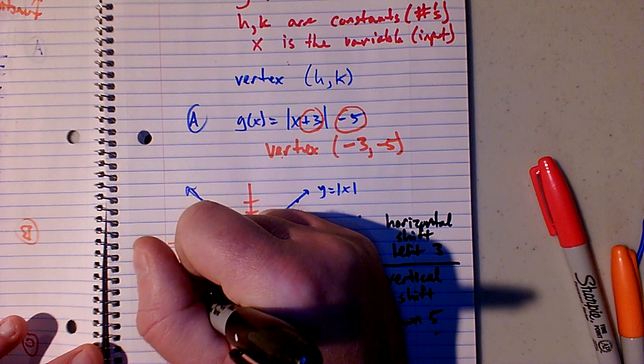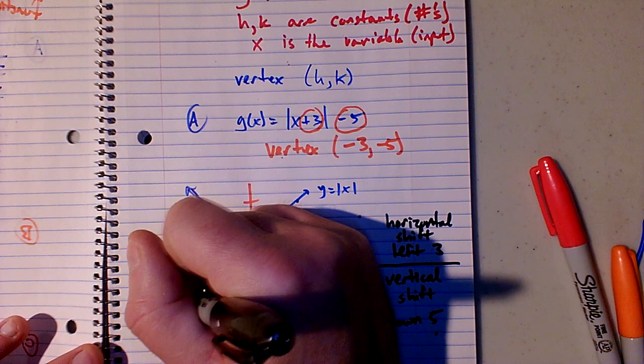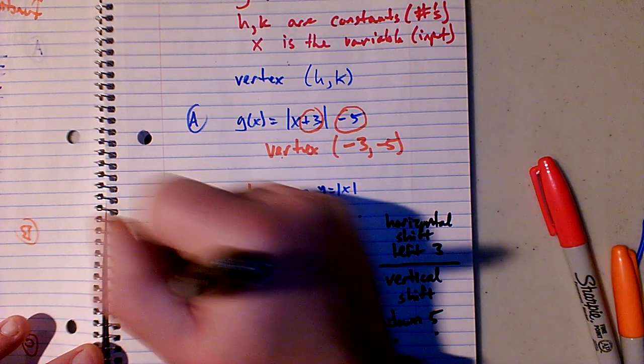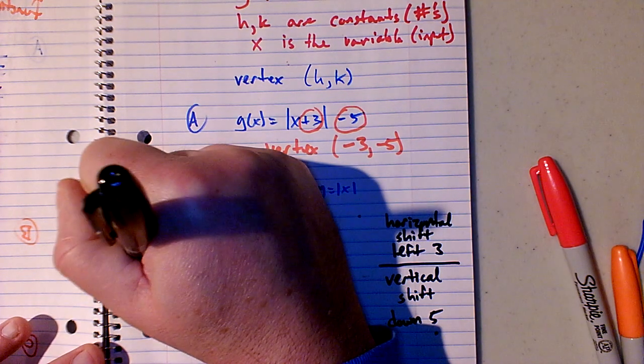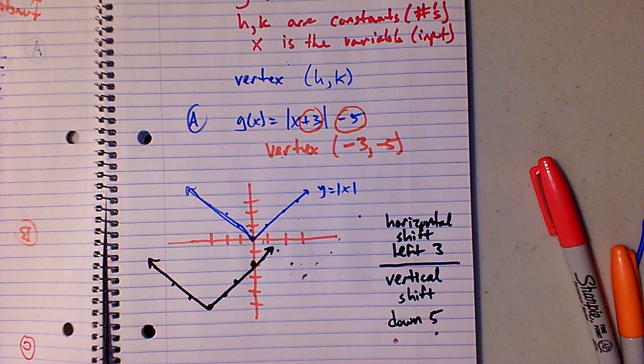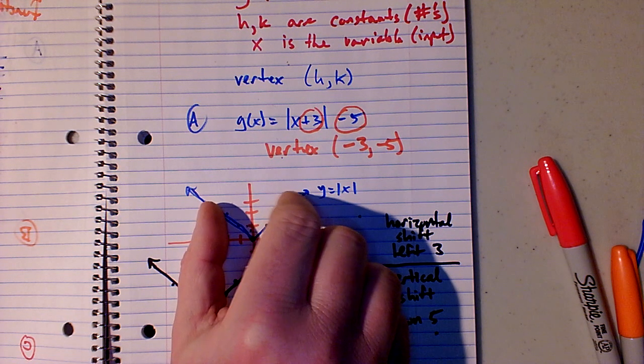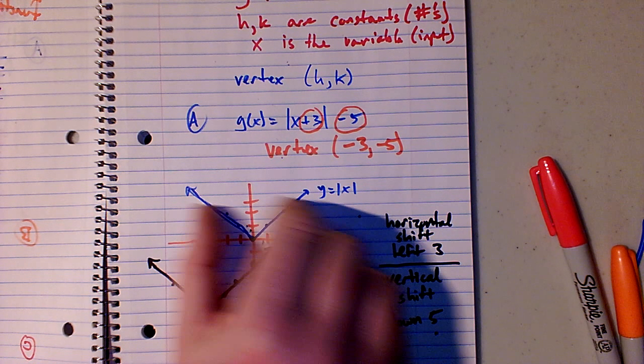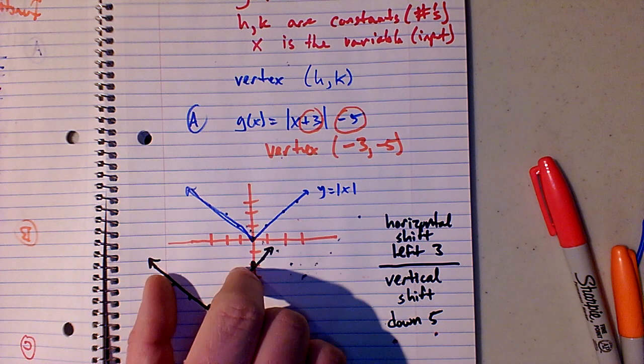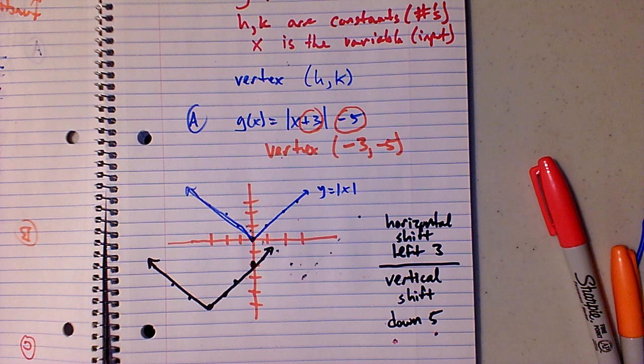And then to the left 1, up 1, to the left 1, up 1, etc. So it's basically like I'm moving this blue V over 3 to the left and then down 5, and it'll lie right on top of that black V. And that is my transformed function.